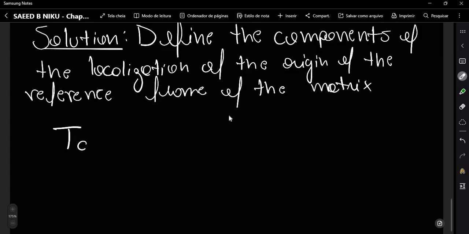The cylindrical, and right here I'm using, of course, the English notation.